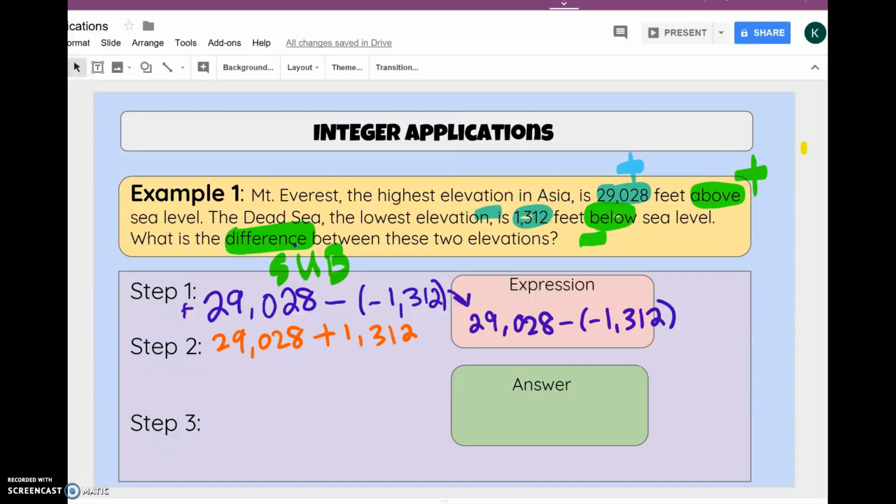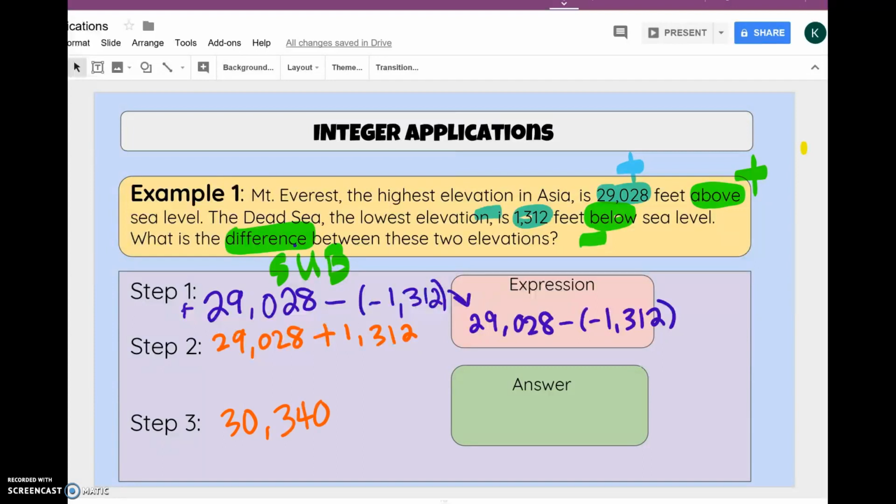In this case, you could do this by hand, or you could use a calculator. You can find a calculator on your computer. When I add these together, I get 30,340.